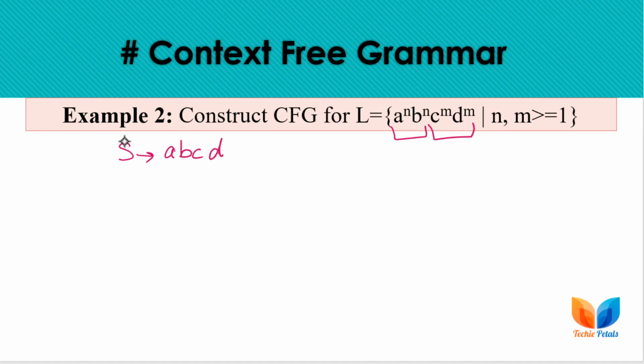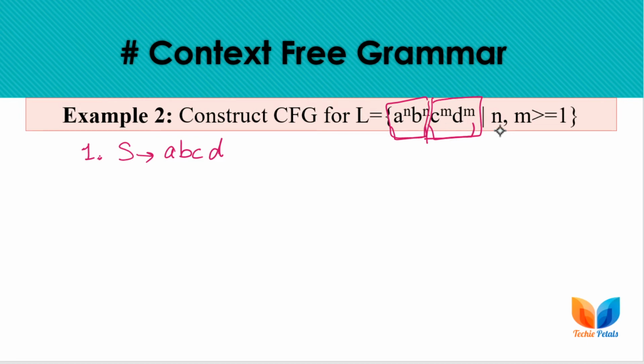Let's write the production rule directly for the minimum string, as we can derive a, b, c, d from the start symbol. Now we have to put this pattern into iteration. We are dividing this complete language into two patterns, a^n b^n and c^m d^m.